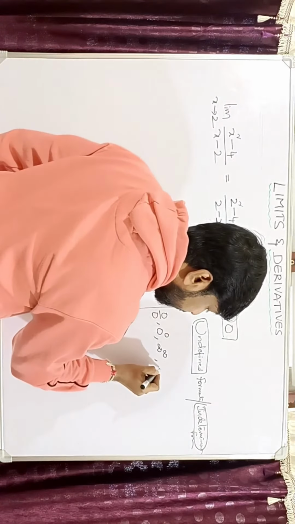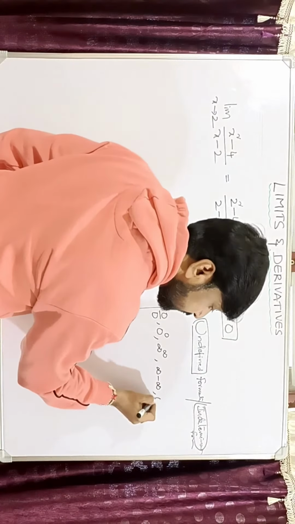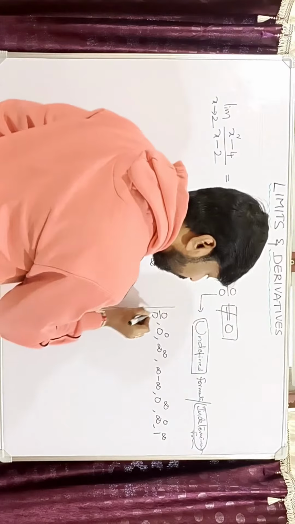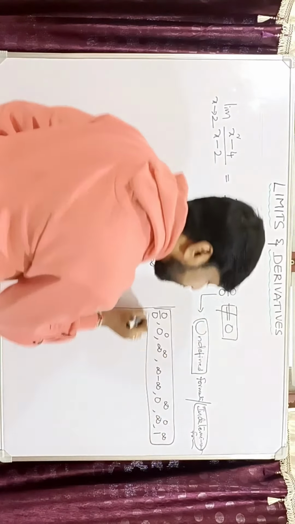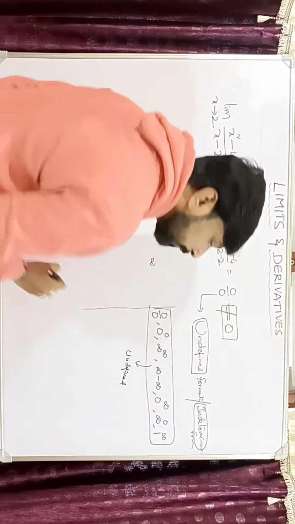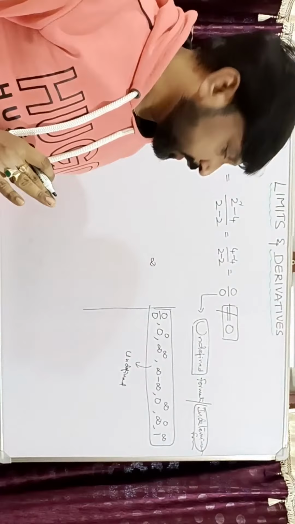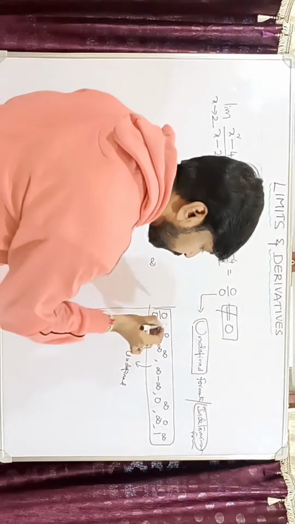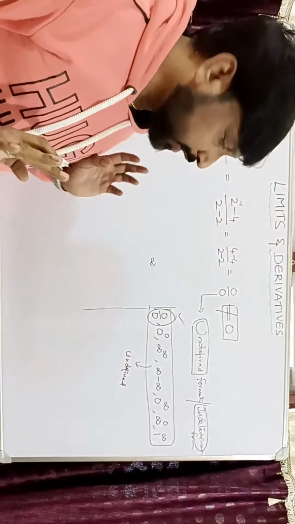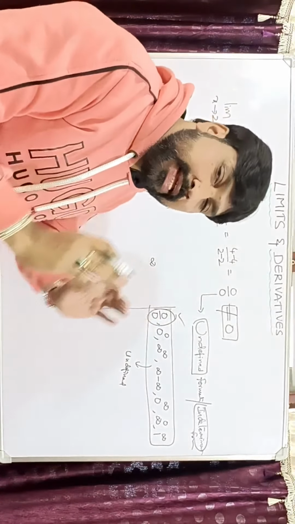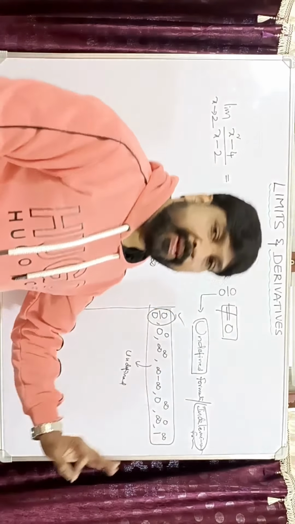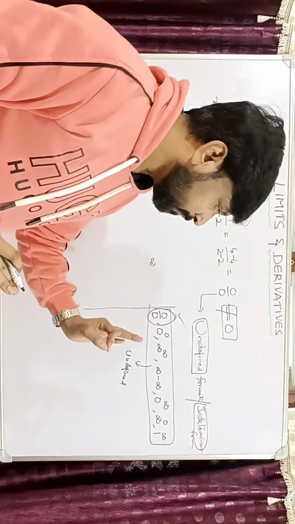And infinity minus infinity, 0 power infinity, infinity power 0, 1 power infinity: all these are indeterminate formats only. From the subject point of view, the NCERT point of view, only this concept is enough for you. From the objective point of view, in CET, JEE Mains, JEE Advanced, these concepts are also compulsory. So just you have to look at the idea.